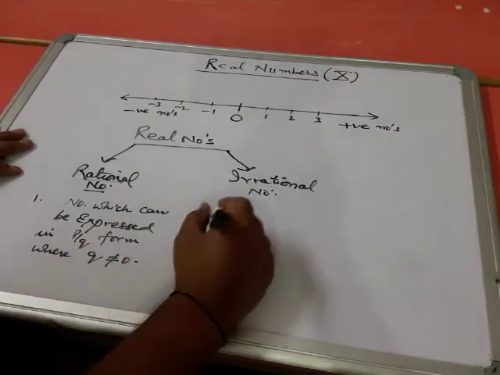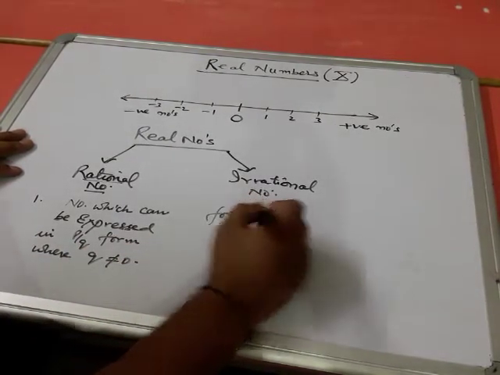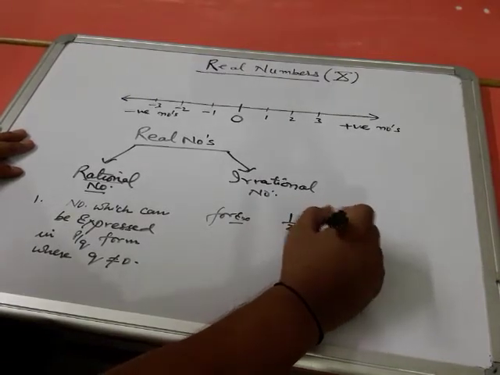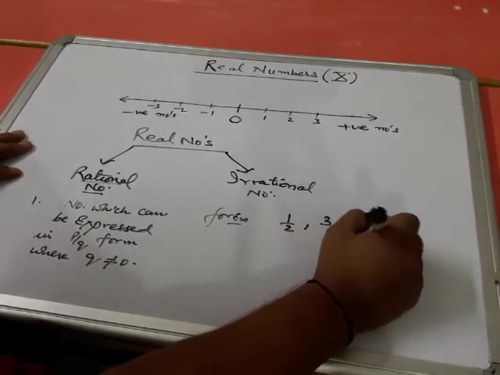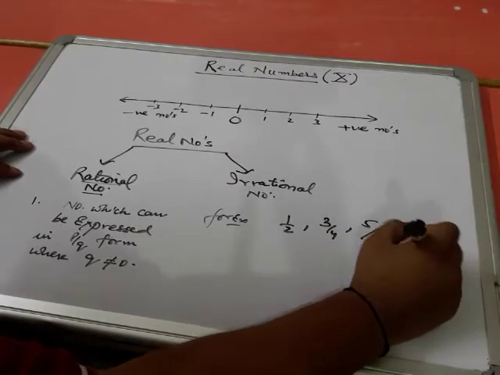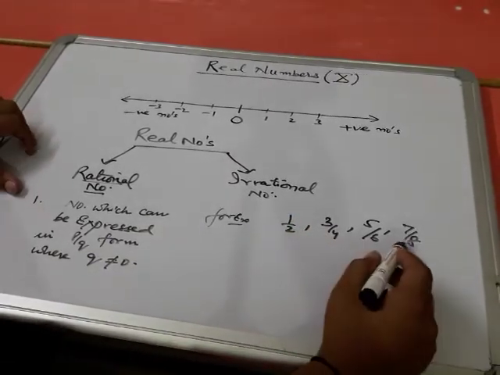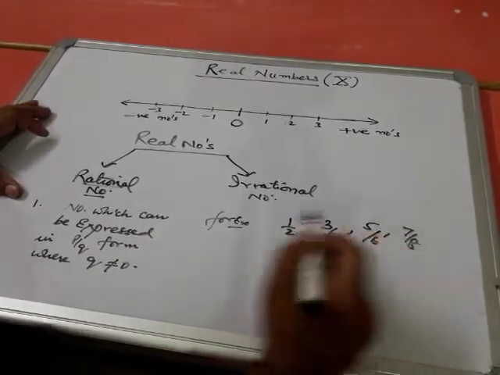For example, 1 upon 2, 3 upon 4, 5 upon 6, 7 upon 8. These are all rational numbers because the denominator is not equal to 0.